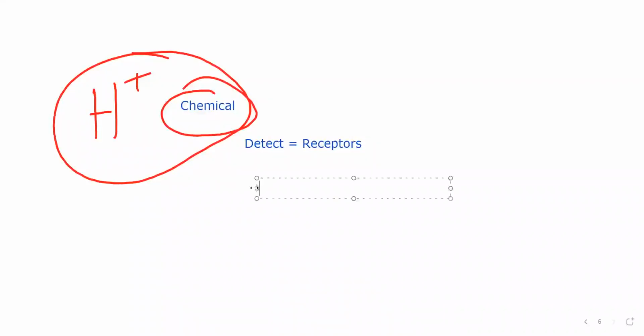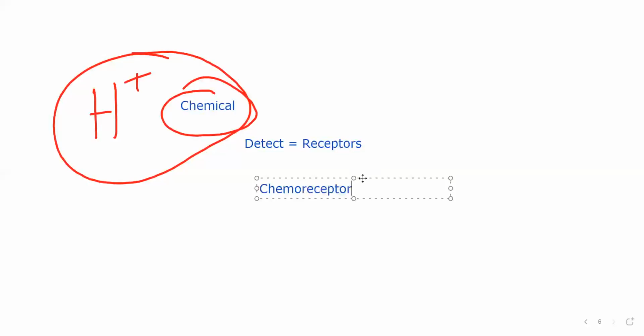Most receptors are named by using part of the names of the substance that they have to detect or the parameters that they have to detect. So we are using part of those names as prefix. Therefore, to detect hydrogen ion changes or to detect such a chemical, I will need a chemo. Chemo comes from the word chemical.